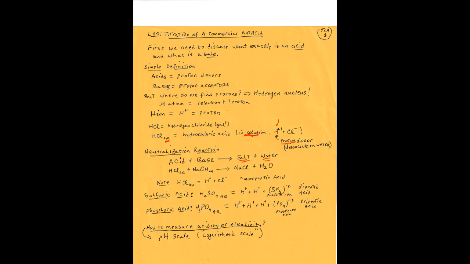Here's a simple example: if we take HCl aqueous, hydrochloric acid, and add it to a base, NaOH, this is a double replacement. We get the salt out, and there's the water that we get out. So in all neutralization reactions, you get some type of salt, and you get water.